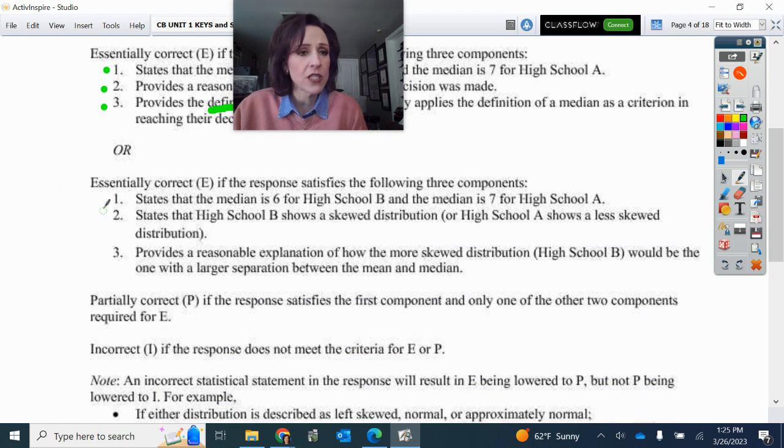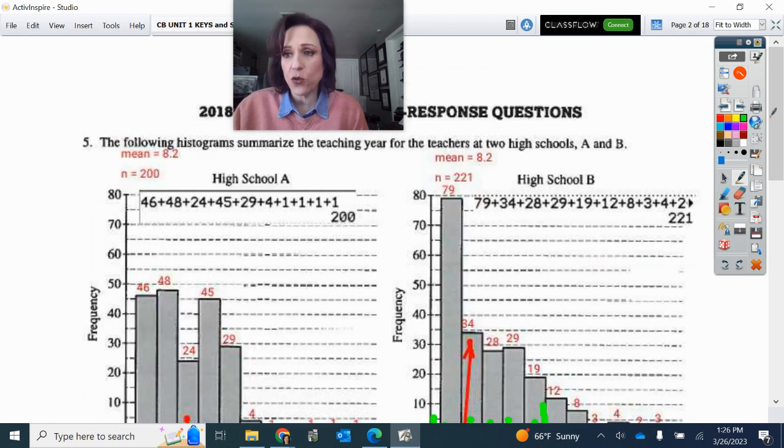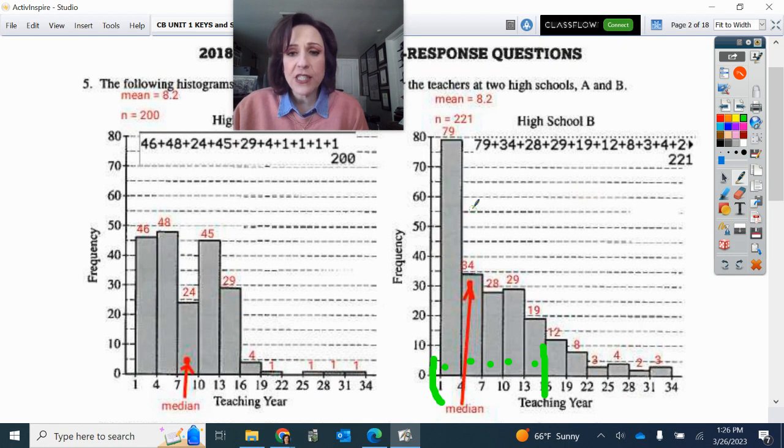Here's your other one, of course, stating the correct high school A and B relationship. It states that high school B showed more skew. Oh, I didn't describe that. So that's the second way that you could get this answer. You could say high school B was more skewed to the right than high school A. When you have more skew, that makes the distance between the mean and the median greater.